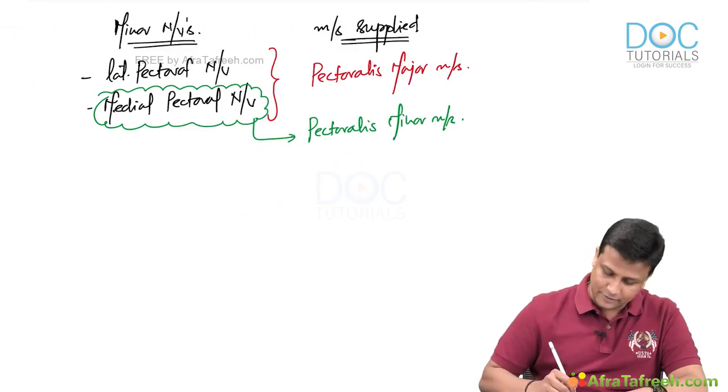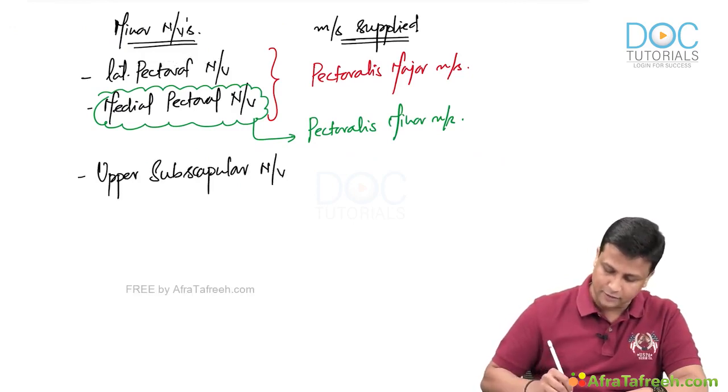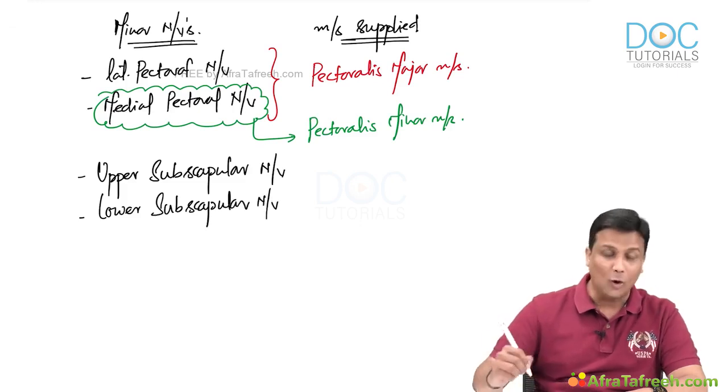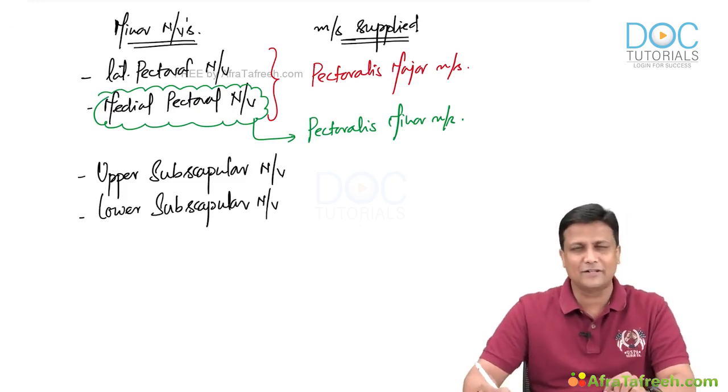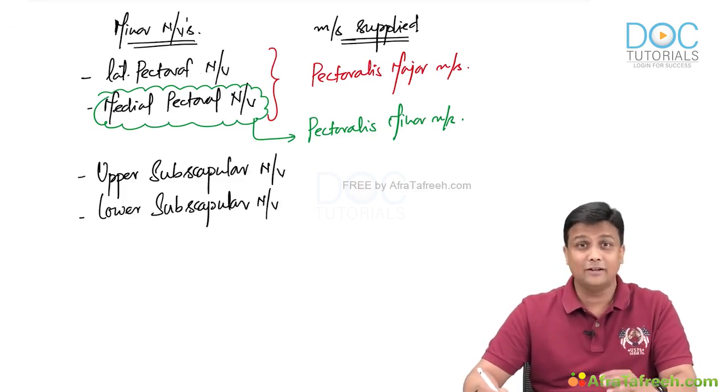So in this table, one will be the upper subscapular nerve, and another one will be the lower subscapular nerve. Now guys, again the same thing. I hope you are already getting an idea. The name itself is telling: subscapular nerve. And what does the subscapular nerve have to supply?